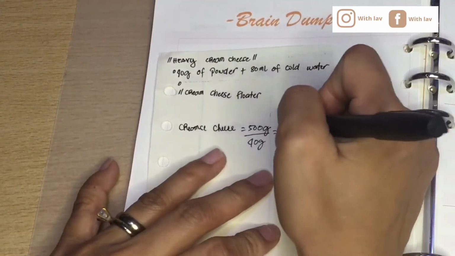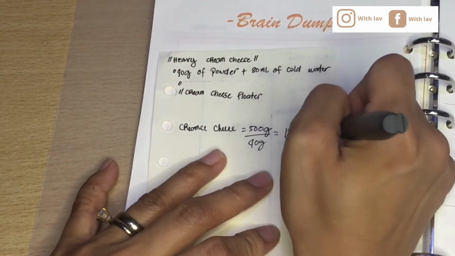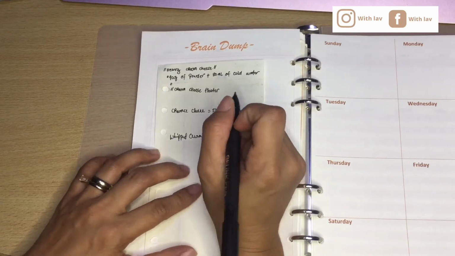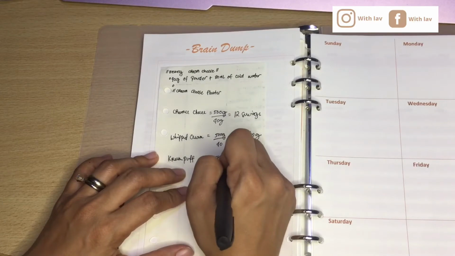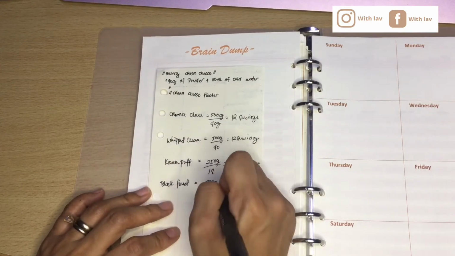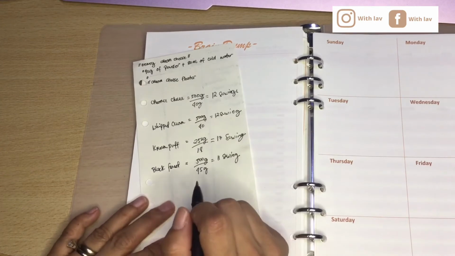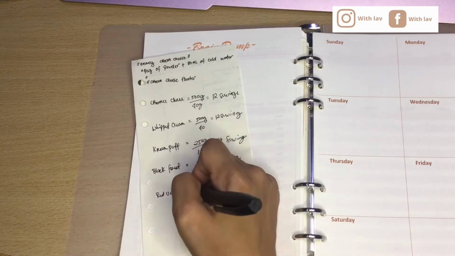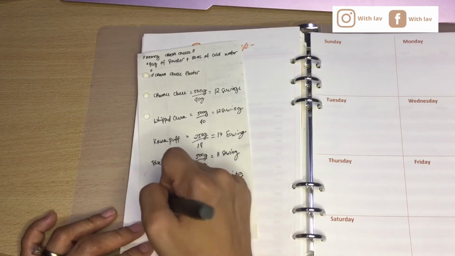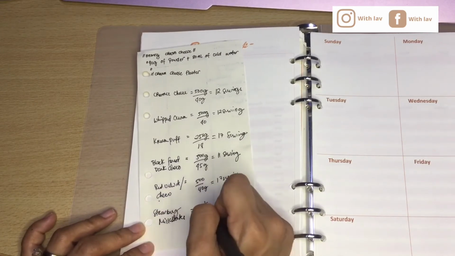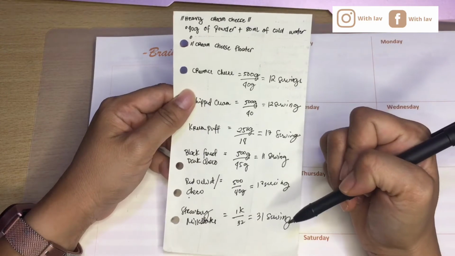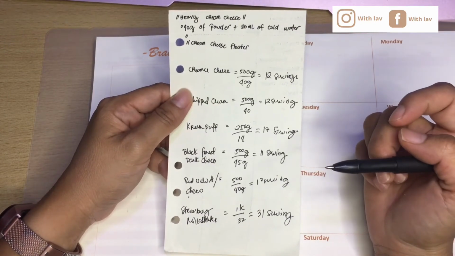That will leave us 12 servings. Basically, if I buy each of the powders, guys, I can serve 12 servings.